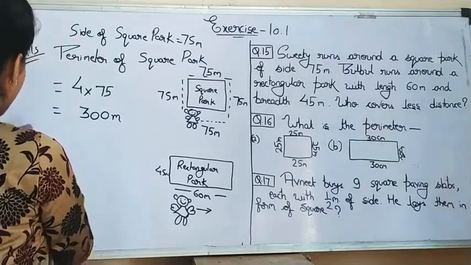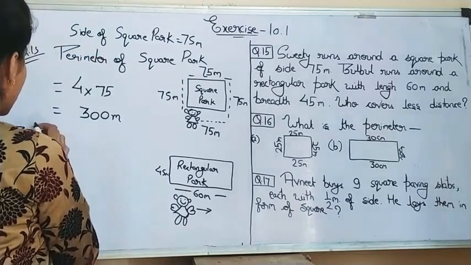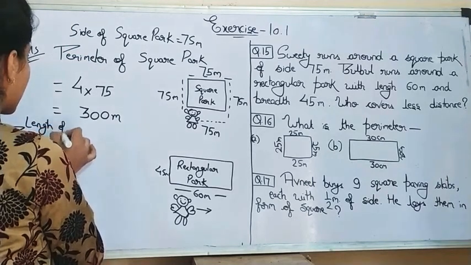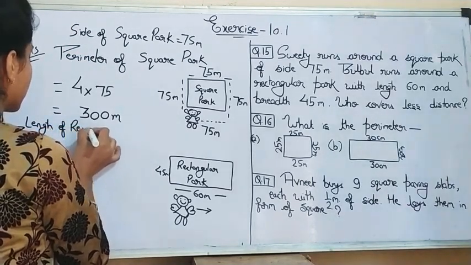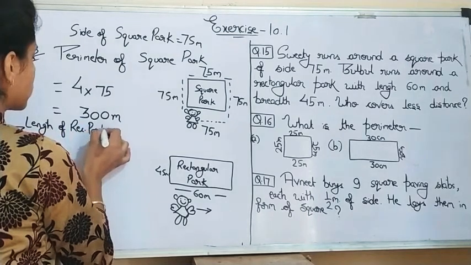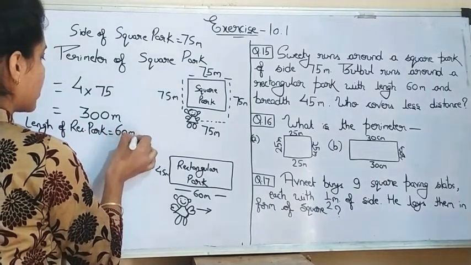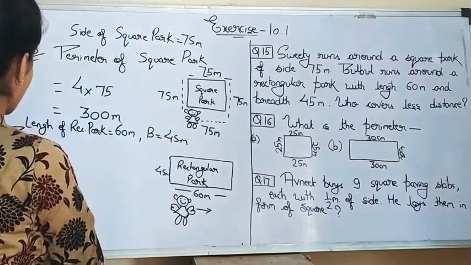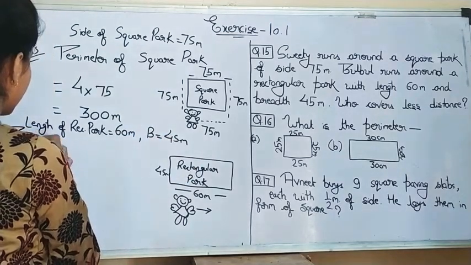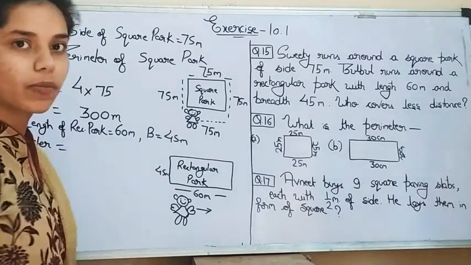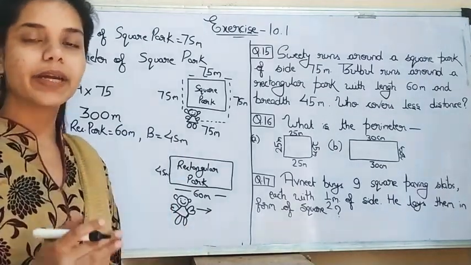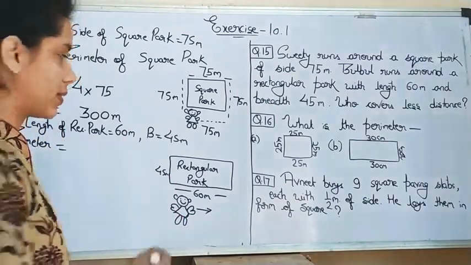Now the perimeter of the rectangular park. Length of the rectangular park is 60 meter. Breadth is given as 45 meter. What is the perimeter formula for a rectangle? Yes, it is 2 times (length plus breadth).